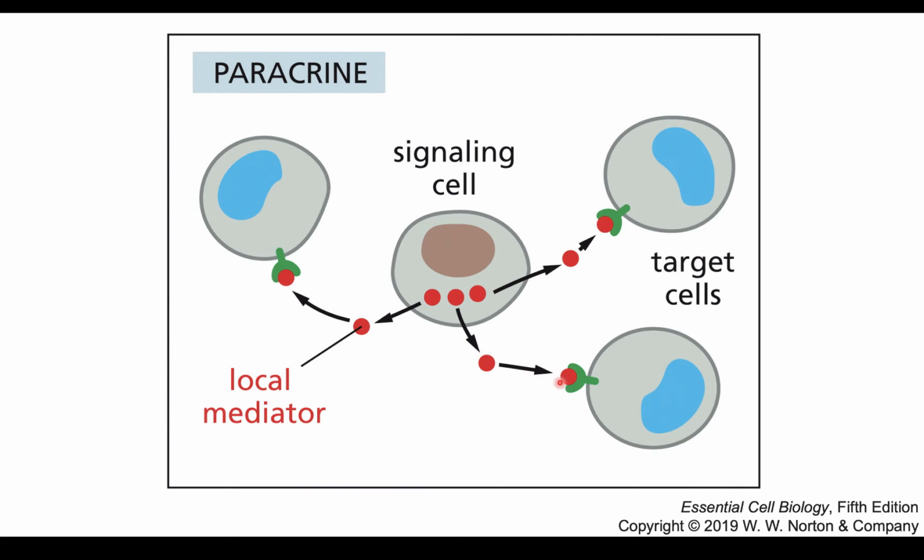Again, only cells with the correct receptor will respond to the message. This is the most common type of signal in developmental processes, such as regulating cell division, movement, differentiation, morphogenesis, which is kind of creating the shape of particular cell types, and this is happening as embryos are growing.